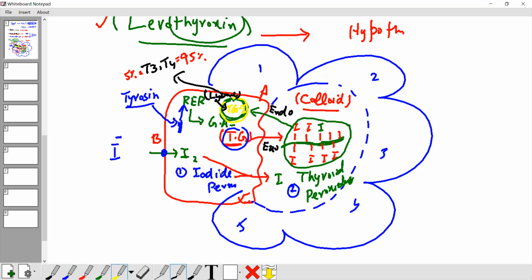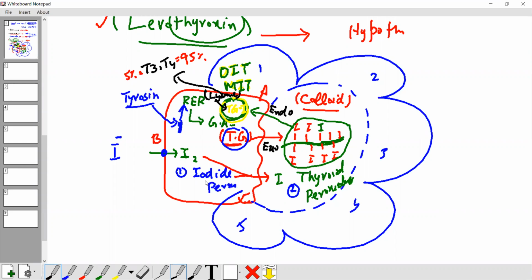The things left behind inside the cell are DIT and MIT: D for di, M for mono, iodotyrosine. These do not go out; DIT and MIT stay inside the cell.